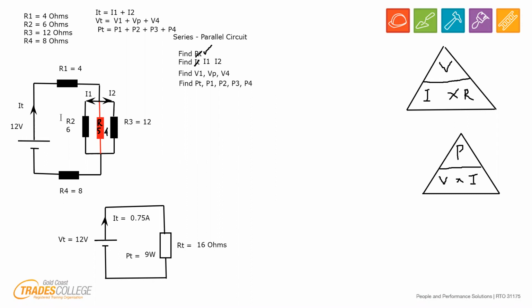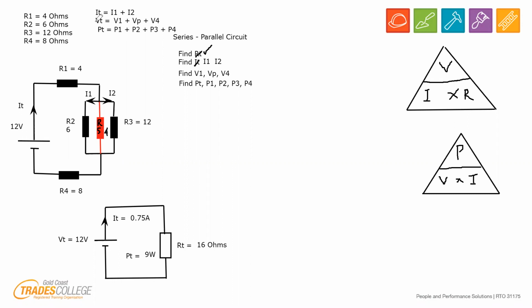Okay, so let's have a look at my actual circuit, the one I've been working on. What I can say is that IT, which is 0.75, is at this point here. Now I'm going to draw over the top of this circuit in a different color. Let's do it in yellow, which we haven't used yet. So 0.75.